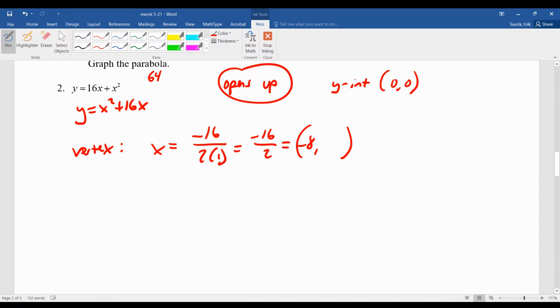Well, that's going to be minus 128. 64 minus 128 is -64. So we got a vertex here that's way down there, of course. All right. Let's find the zeros.